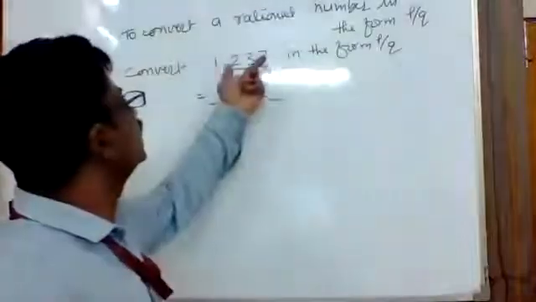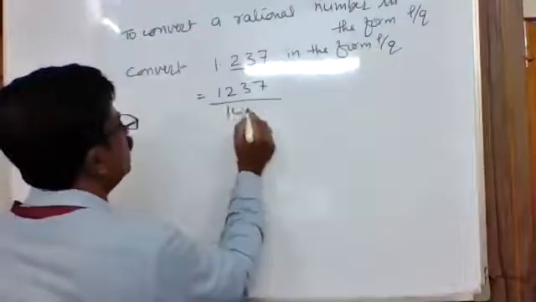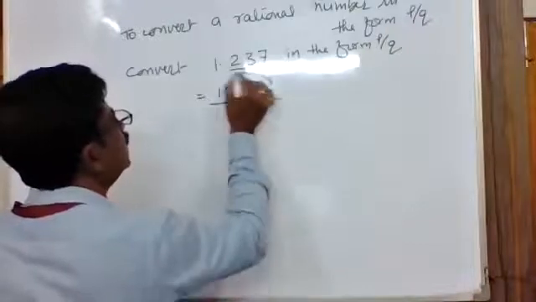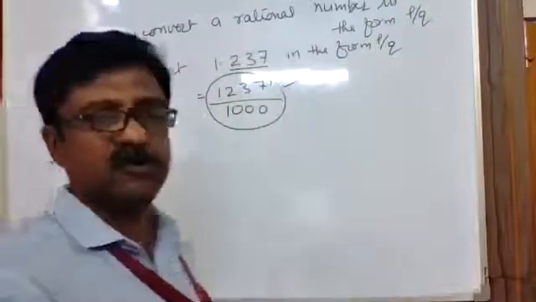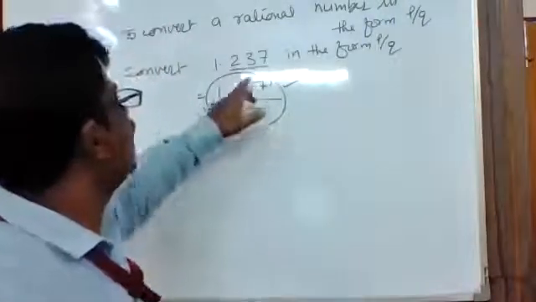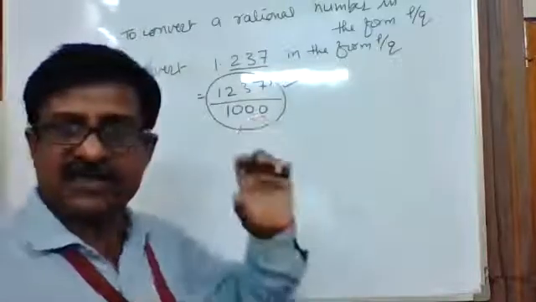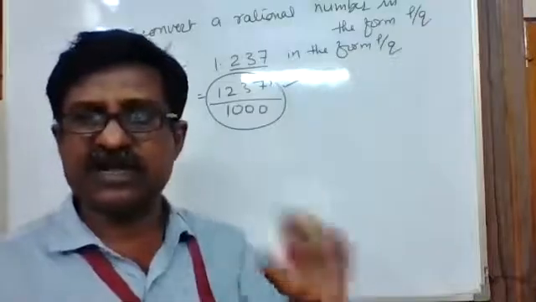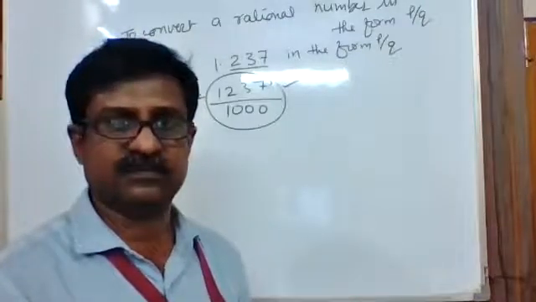After the decimal, if you got 3 digits, then we put 3 zeros. 1, 2, 3. Therefore, this is the number converted in the form of P upon Q. 1.237 is converted as 1237 upon 1000. This was the basic which you learned till class 8.